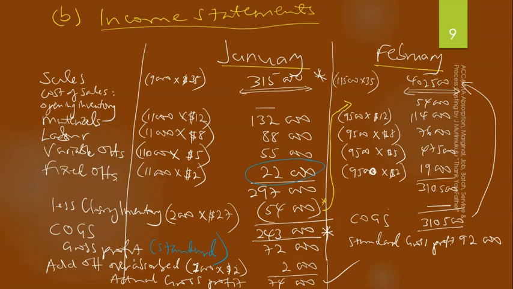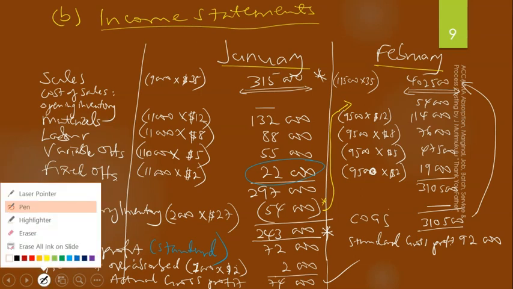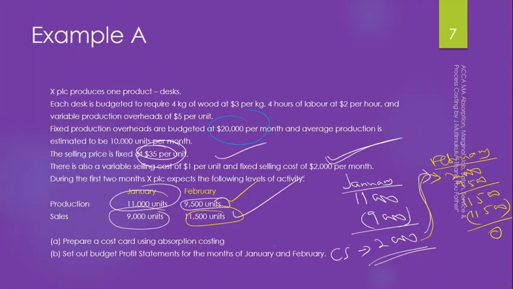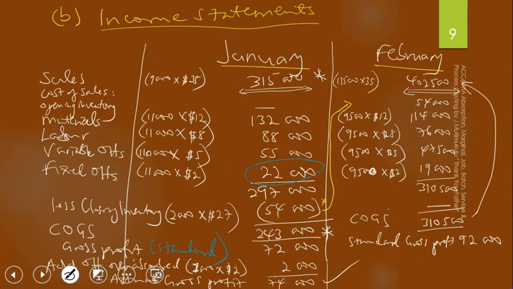And then we have to worry if we have got an under or over absorption of overheads. We do the same trick. According to our budget, we were budgeting to incur 20,000 per month.